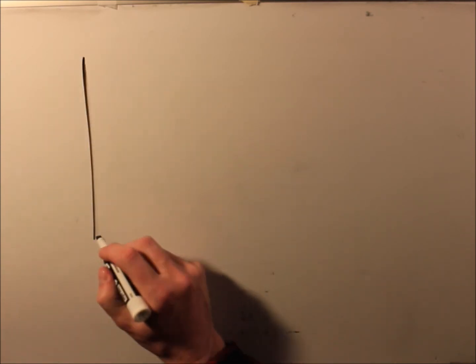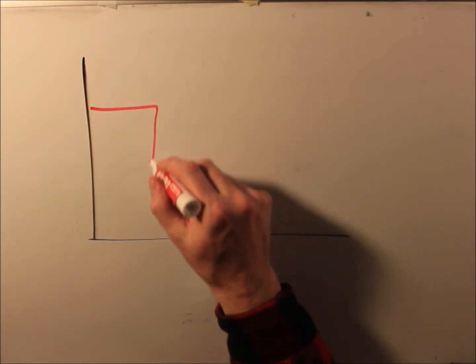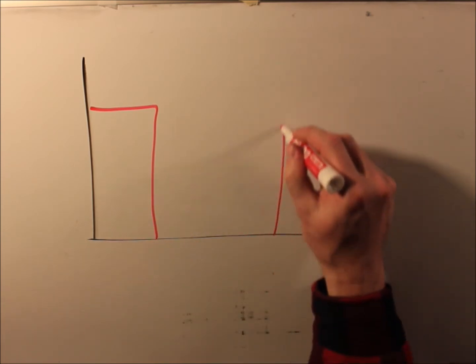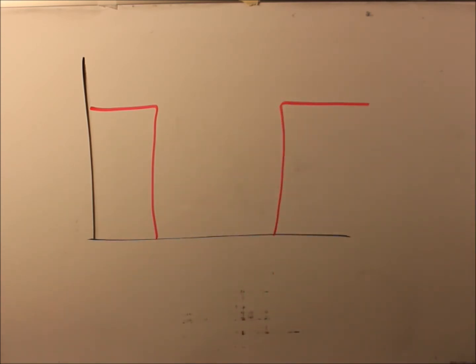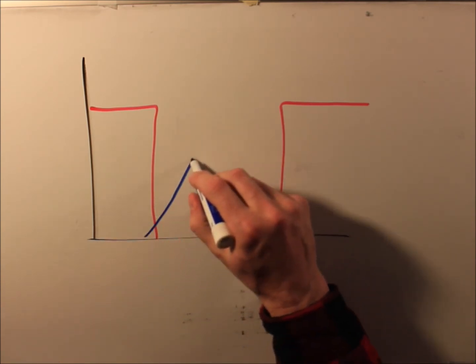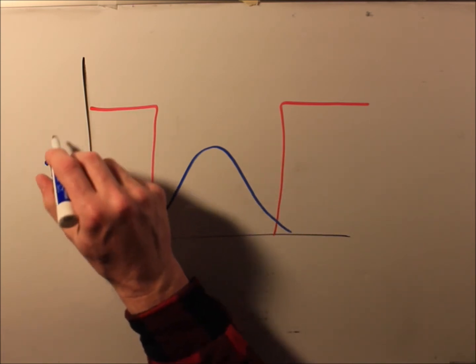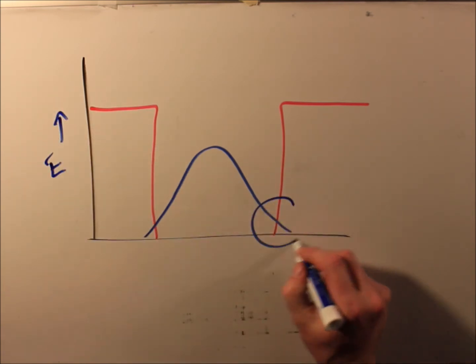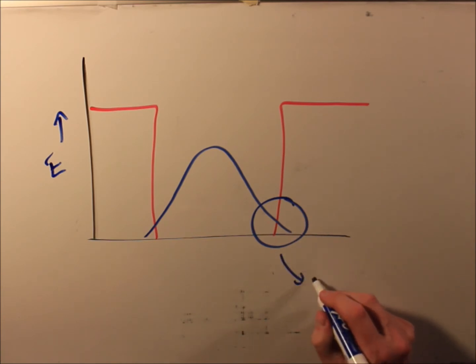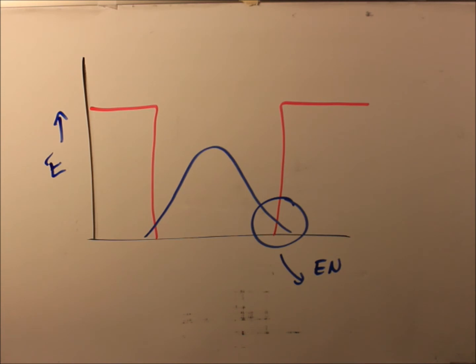And so we'll just draw this again. So here's our potential on either side. And what we're going to say is that the energy of this particle is now, let's not say it that way.